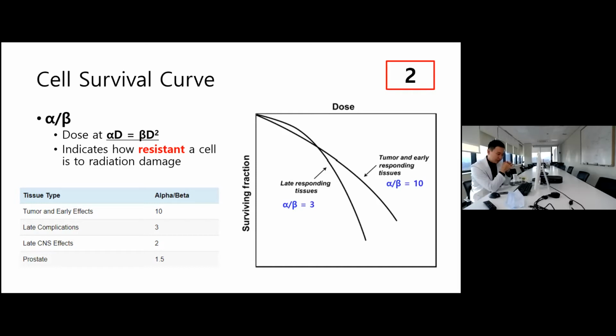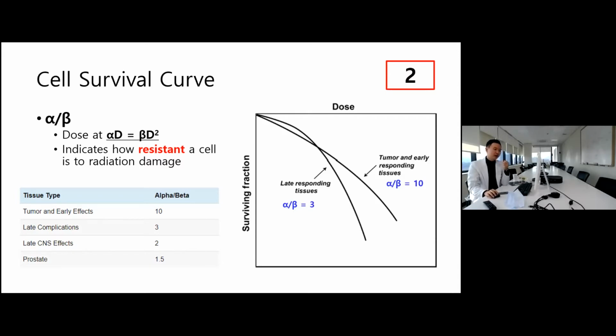And a low alpha beta ratio, like in CNS or prostate, indicates that accumulation of multiple single hits produces increased lethality for higher doses.